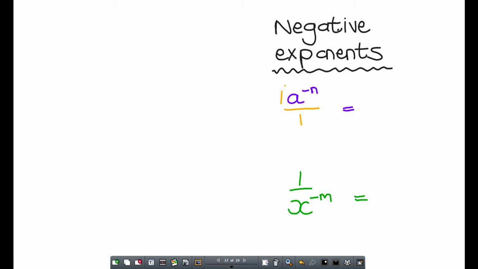Okay, so at negative exponents, if I were to give you the purple, a to the power of negative n, that is actually the same as 1 over a to the power of n... or a to the power of negative n, over 1. When we get a whole number, we can always put it over 1 if you want it in the form of a fraction.